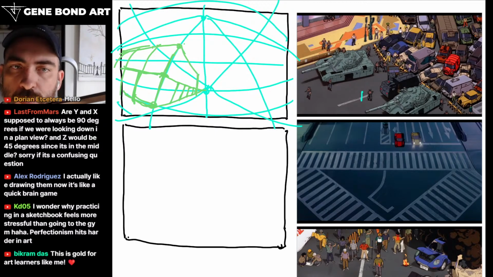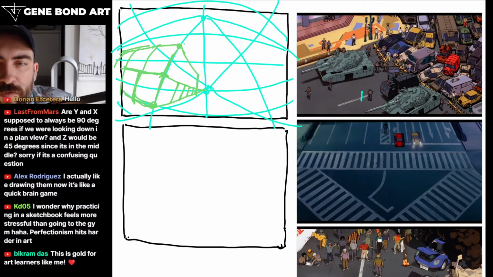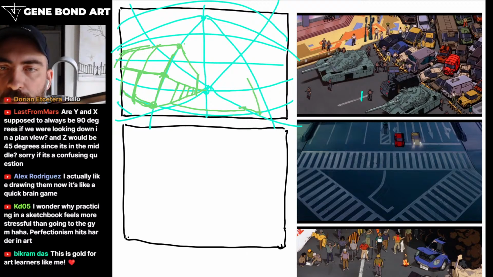Then here I want to draw a minibus. The minibus was, I forget, 1.5 height and 3.5 long, right? So let's say I transfer this cube to here. Kind of this.